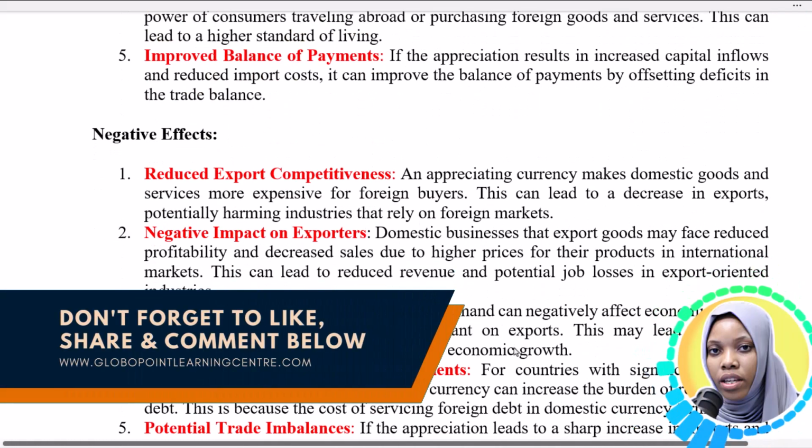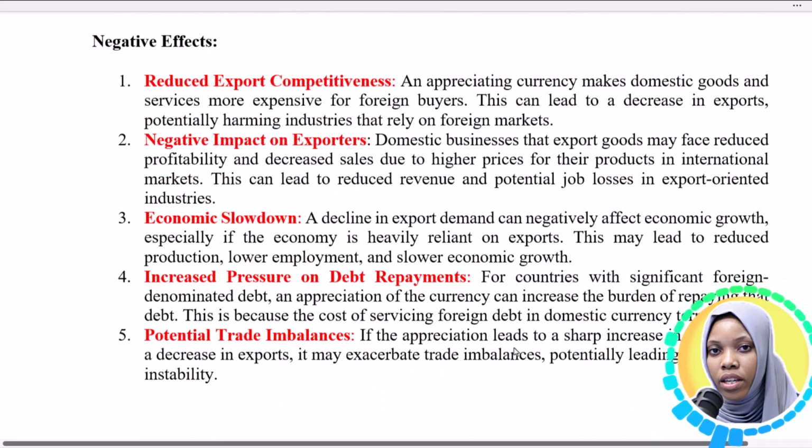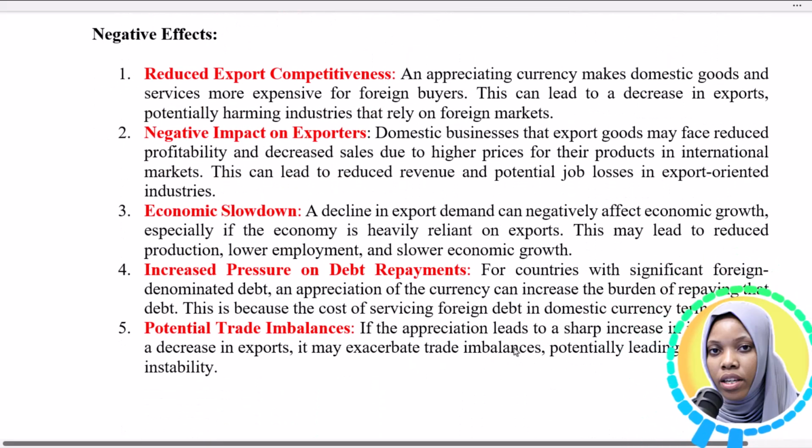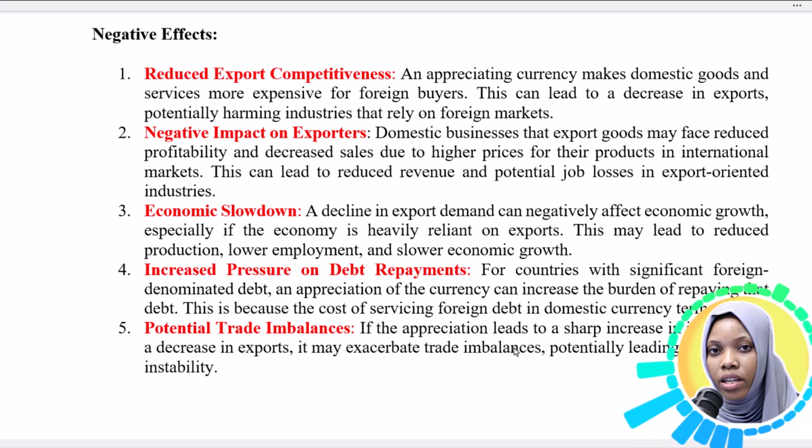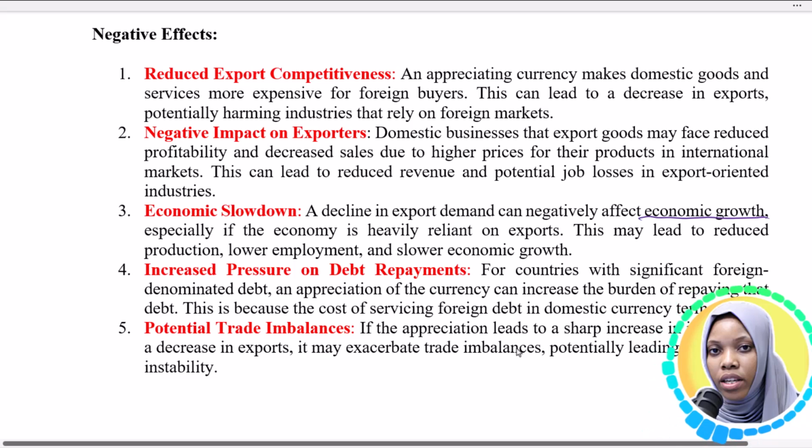Negative effect number 3 is economic slowdown. A decline in export demand can negatively affect economic growth, especially if the economy is heavily reliant on exports. So there will be low economic growth, that is if you rely on exports, due to appreciation.